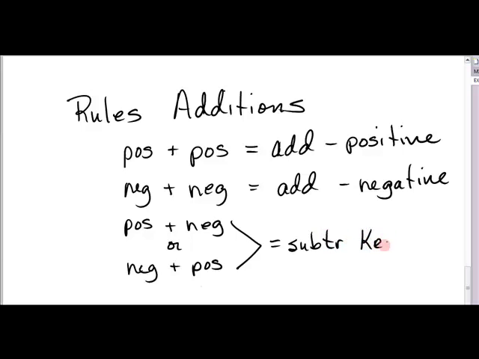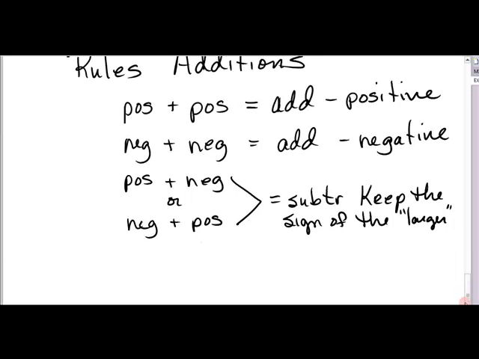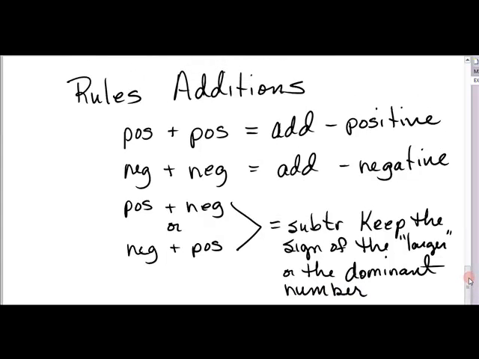You're going to keep the sign of the, I'm going to put in quotes, larger, because positives are actually always larger, but the larger or the dominant number. So the big one rules. That's the thing to remember.